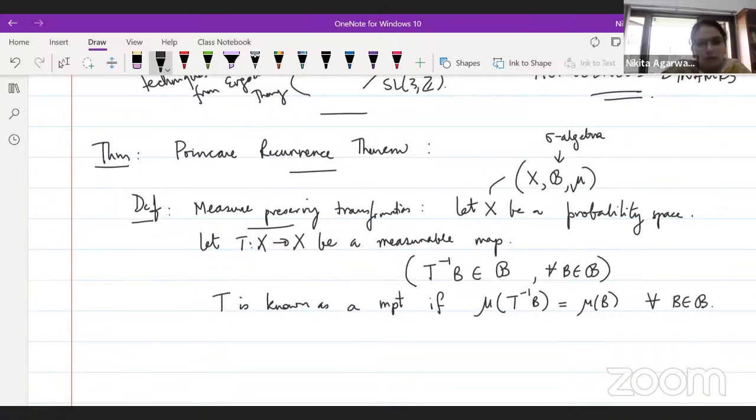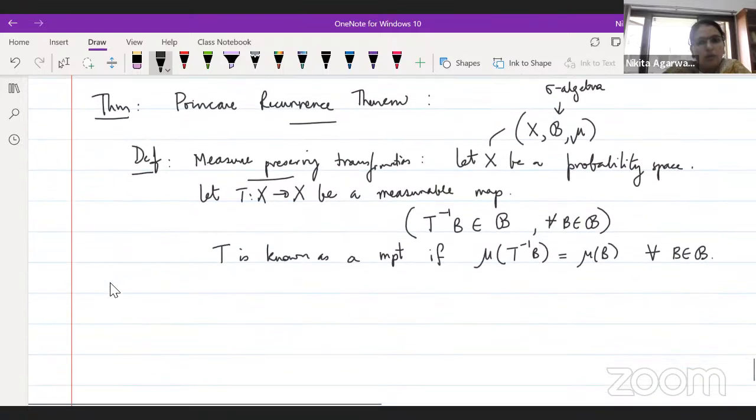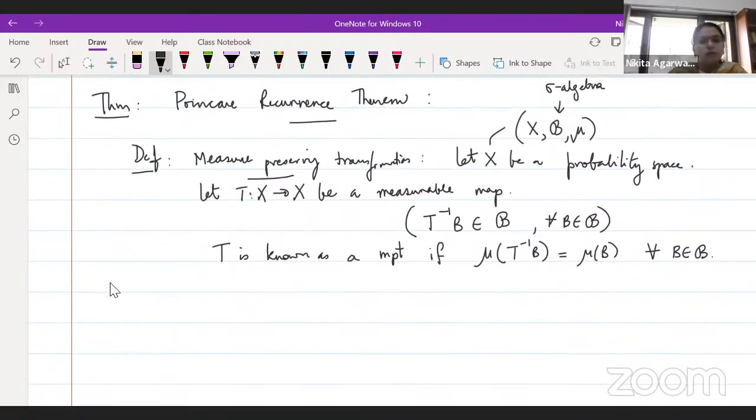Now you might wonder why we are looking at inverse of T for two reasons. One is that by the definition of measurability of a map, the inverse of a set is in B, so we can talk about the measure of that set. Secondly, what is T inverse B?